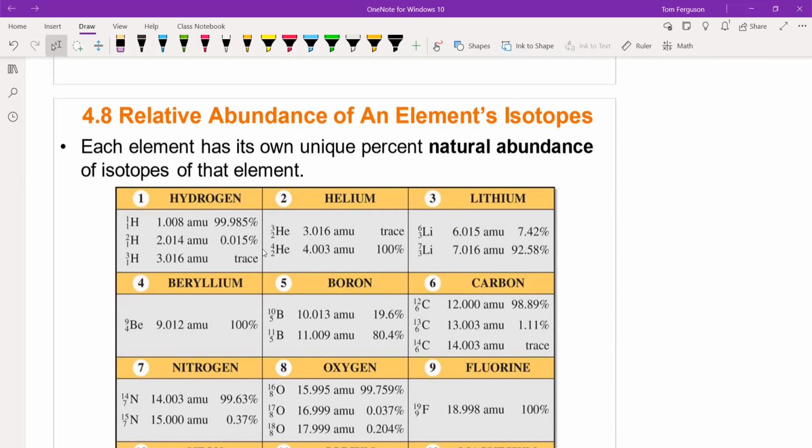Significantly less than that will be 3. When you look at the atomic mass on the periodic table, hydrogen is 1.01. That's because there are more ones than twos and threes. Hence the average.